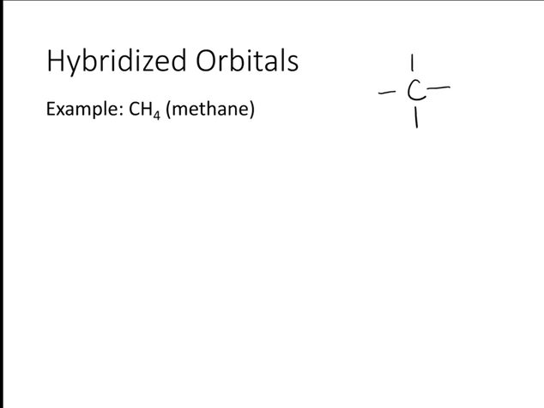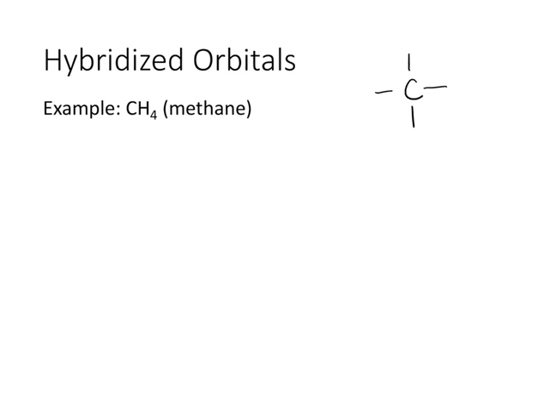And our Lewis dot symbol for carbon shows that it has 4 unpaired electrons. Now, scientists came up with this hybridized orbital theory in order to account for that. So let's look again at the unhybridized energy diagram for carbon.